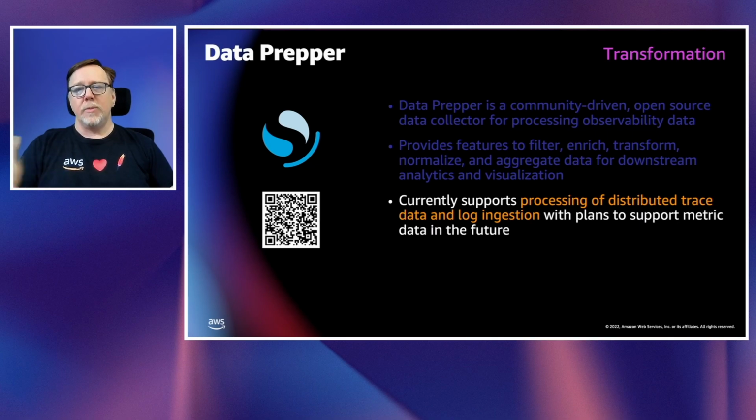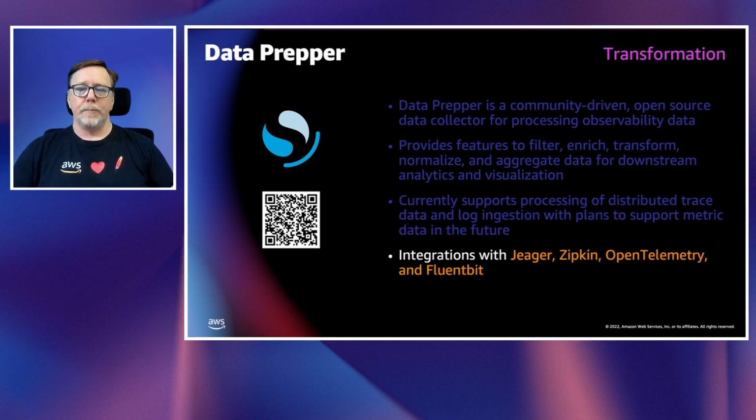It right now supports the processing of distributed trace data, log ingestion, and is moving towards supporting metric data in the future. Also integrates with Jaeger, Zipkin, OpenTelemetry, and FluentBit.